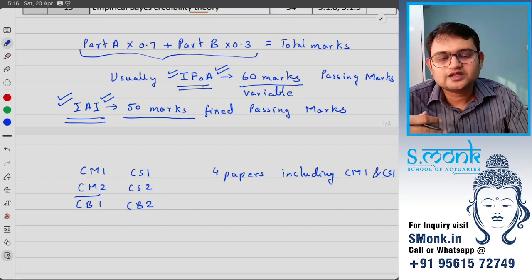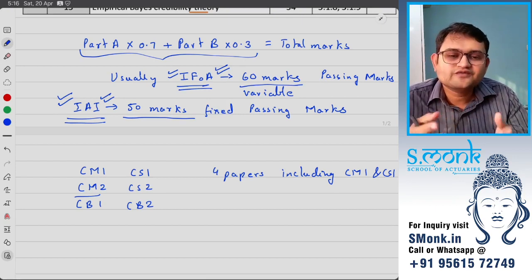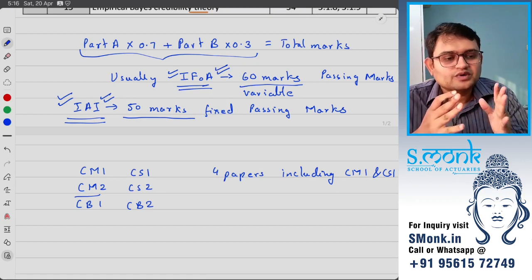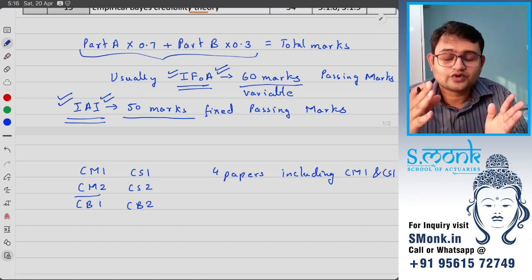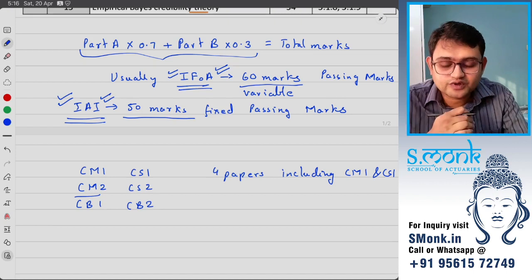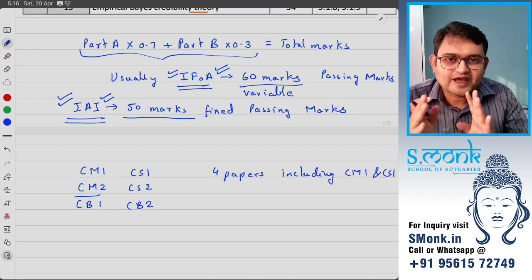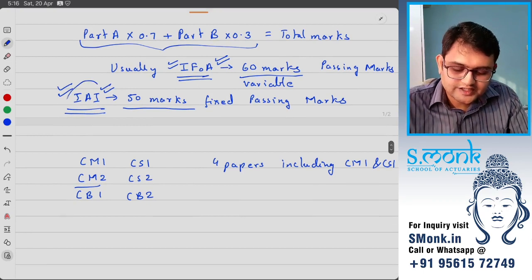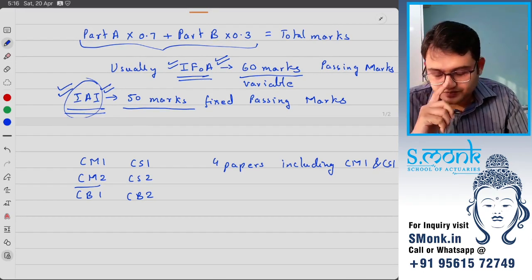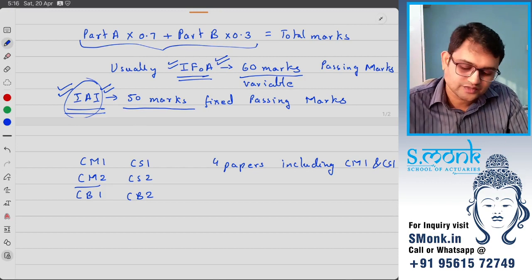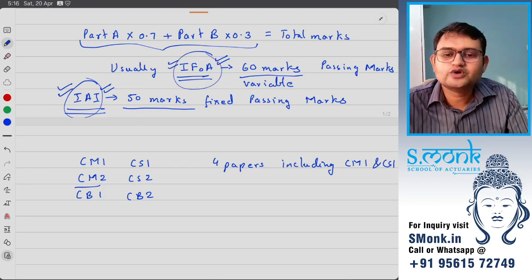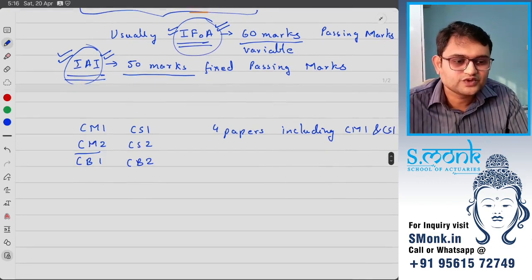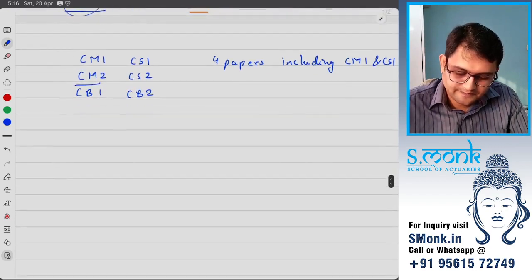There have been complaints that the questions have been out of the course and so on. That has happened before, but they are becoming better when it comes to designing question papers and, what do we say, correcting question papers. IFOA usually doesn't have such problems, so that is why we usually recommend IFOA.